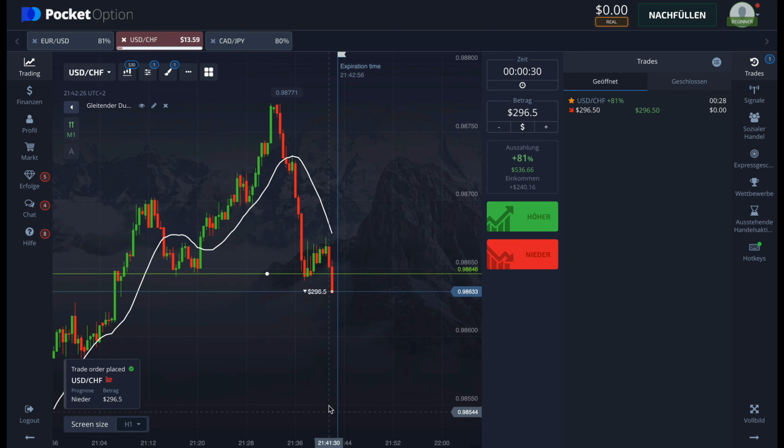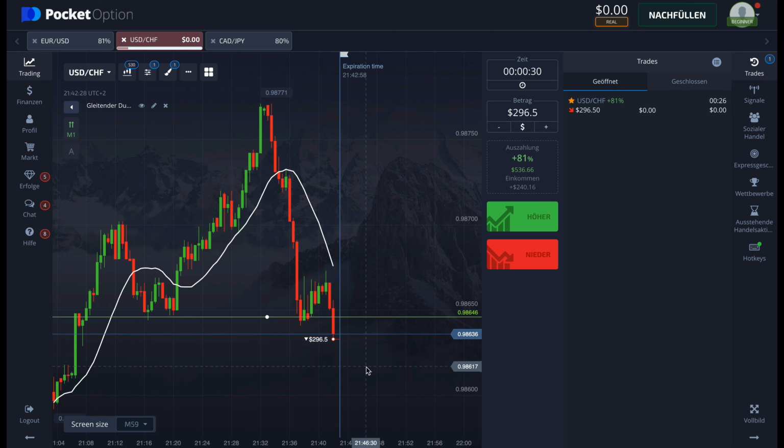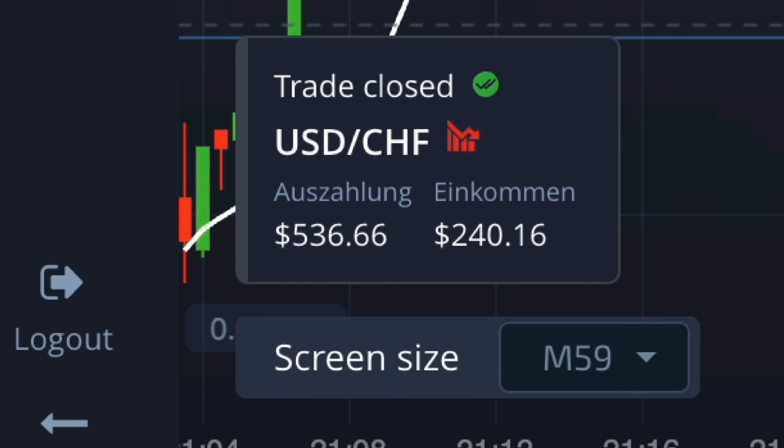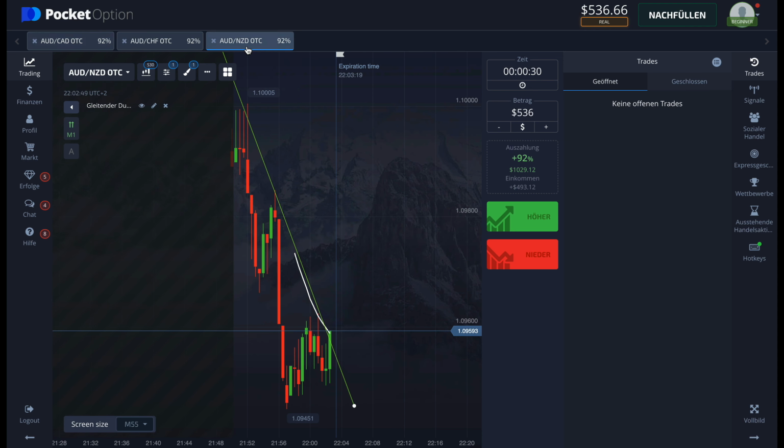The market has suddenly changed direction and broke the support level. So I place a trade quickly to take profit. Very good. Profit again.